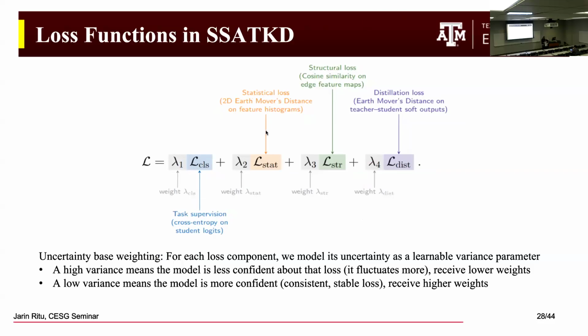For each loss term, we calculate the variance of the losses. If a certain loss term has high variance, it's a bit unstable, so it will be assigned a lower weight. If a certain loss has low variance, the model is stable, so it will be assigned a higher weight. The weights are jointly optimized throughout the training process.